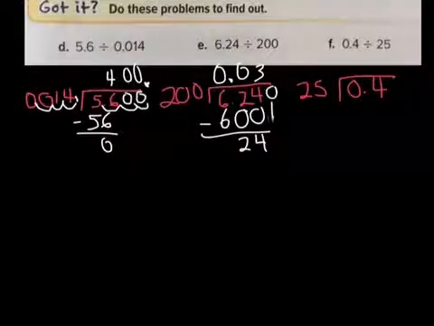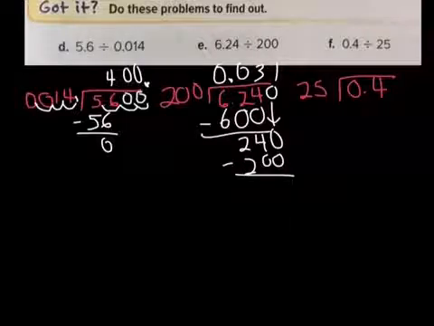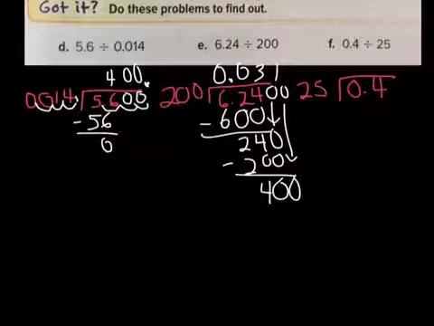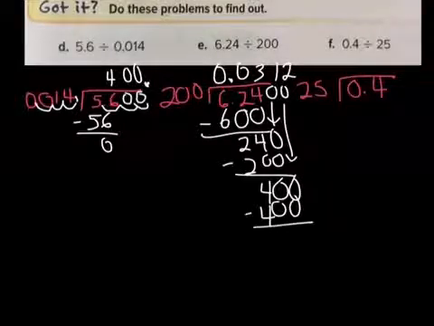I bring down a 0. It gives me 2, so now I have 2. It gives me 200. Oh, I'm sorry, 1. I did that wrong. 1. 200 times 1 is 200. And now I have 40. Bring down another 0. Now I have 400, so now it's 2. I was jumping ahead a little bit there. Okay, there we go.